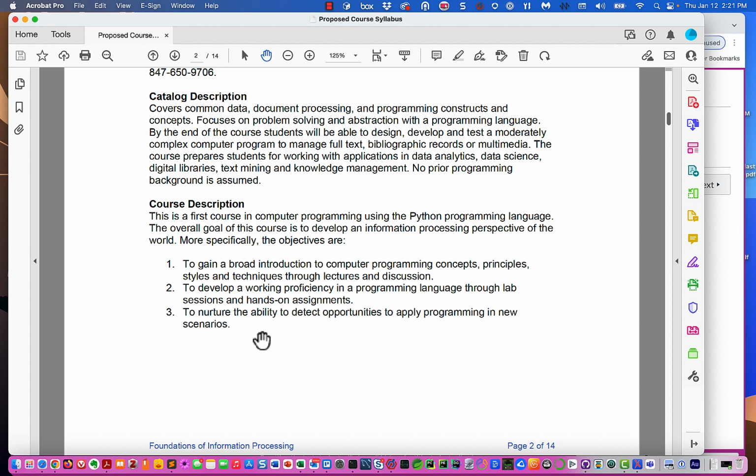Now, it's a first course. There are some people who maybe have some experience in programming, but it's old, or maybe they have some experience in programming, but it's not in Python. And maybe you're the right person to be in this course too.